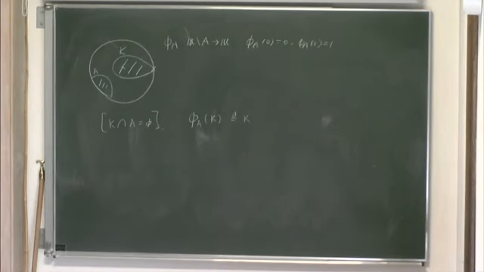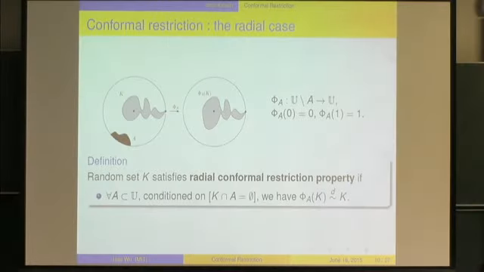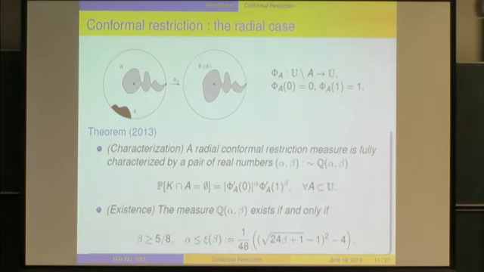So this gives us a definition of the radial conformal restriction property. Then the question is, is there any random set that satisfies this property, and what's the whole family with this property? And here is the answer. The answer also has two parts. The first part is the characterization part. So a radial conformal restriction measure is fully characterized by a pair of real numbers, alpha and beta.